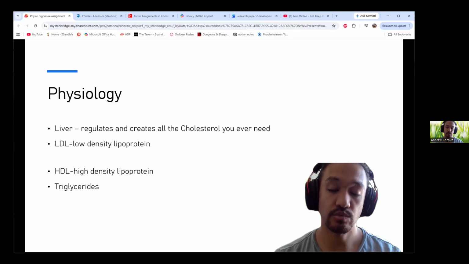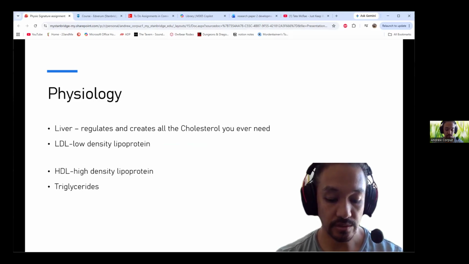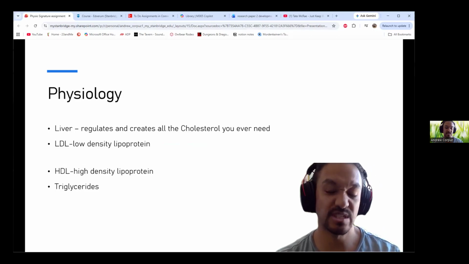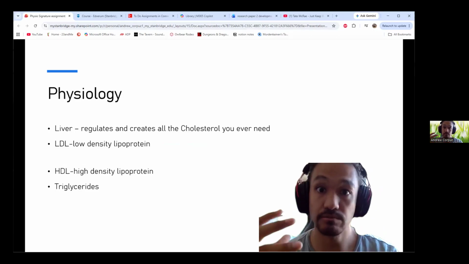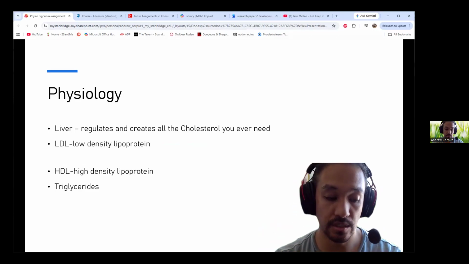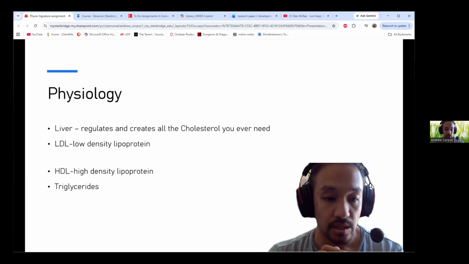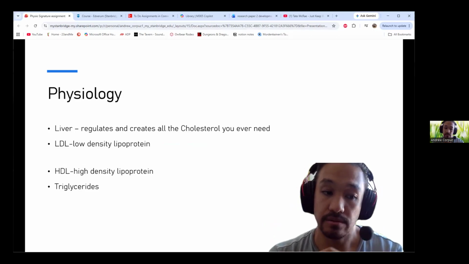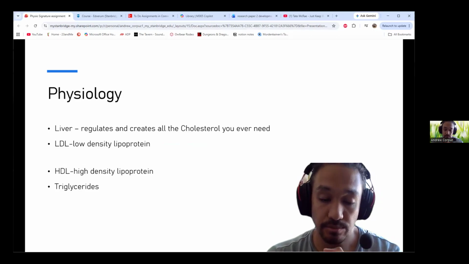So when we consume cholesterol, our body doesn't really take that cholesterol unless it somehow absolutely needs it due to some disease process or, again, medications that are influencing our body's metabolism.